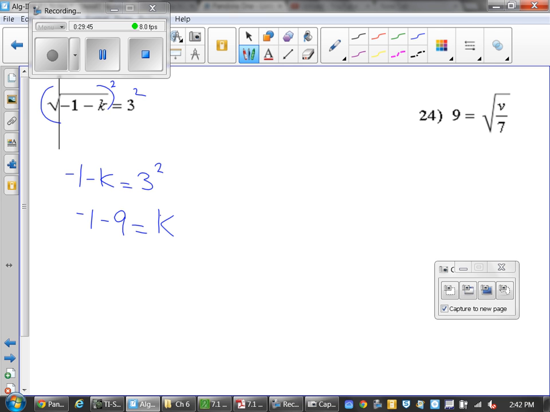So you add 3, subtract 9, to get negative 10 is k. Now, does it work? Yes, this one works. The square root of negative 1 minus negative 10 is the square root of 9, which is 3. So negative 10 works. Do the same thing on the other side. You square both sides.